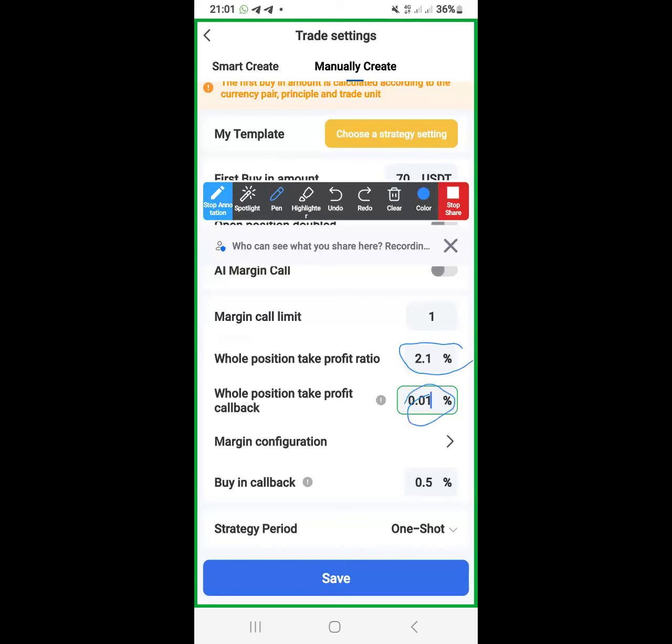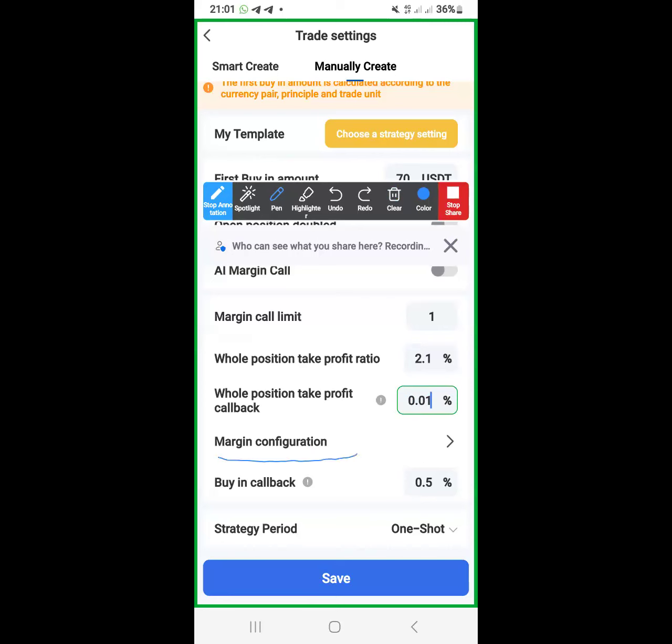But if you want the robot to give you a chance of more profit if the price rises, put some figure here so that it can continue monitoring. As long as the drop is not by 0.01, it will not sell. So it will continue monitoring the rise.